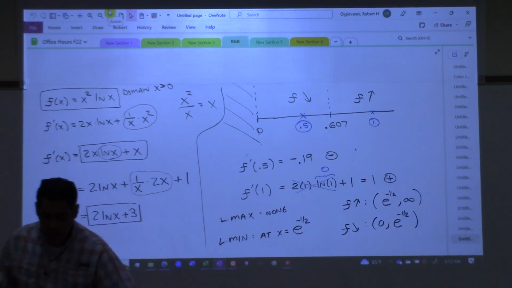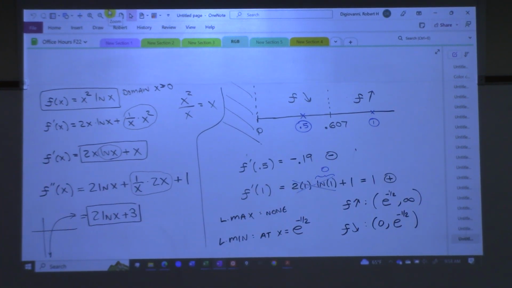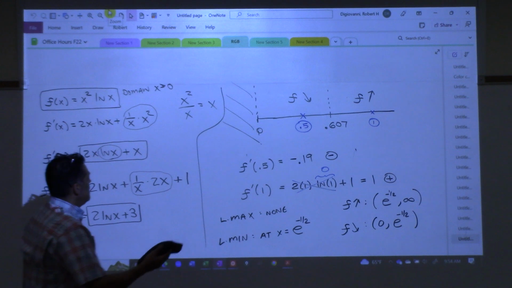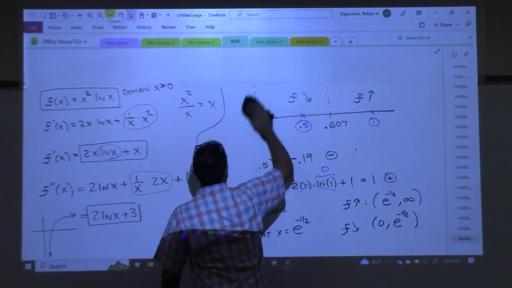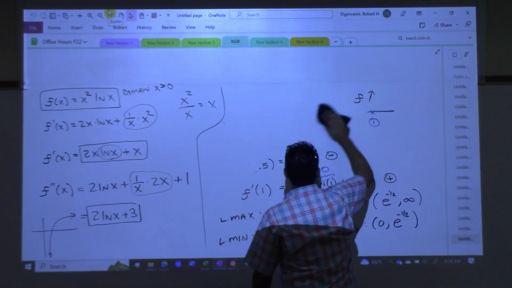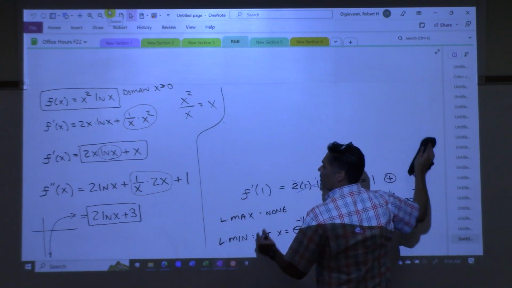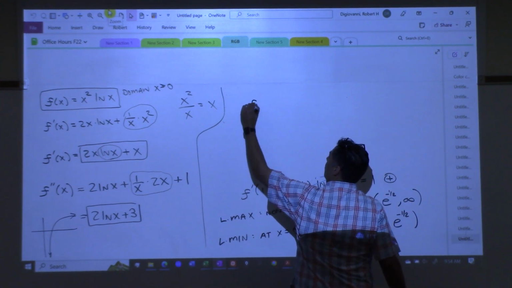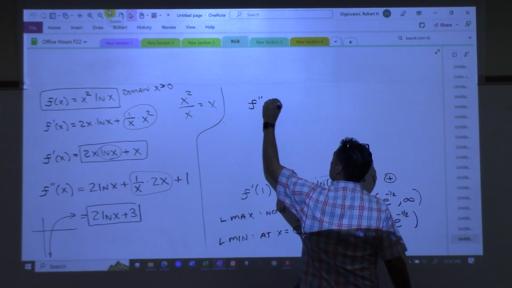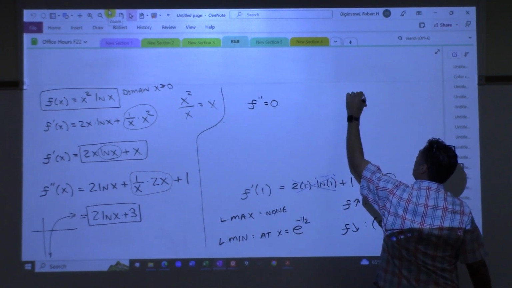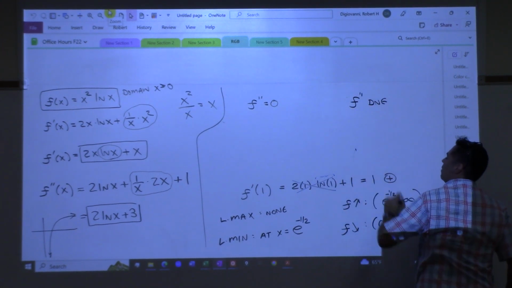All right, let's move on to the second derivative and do the same thing, right? So for the second derivative, the concavity, I need to figure out where my second derivative is 0. I need to figure out where the second derivative doesn't exist.